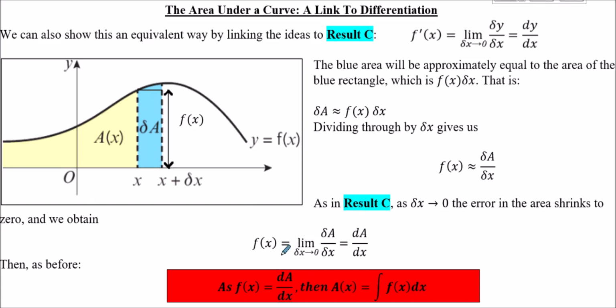And then you obtain that f of x, this limit becomes exact, delta A over delta x becomes dA over dx in exactly the same way, for exactly the same reason as before, when delta y over delta x becomes dy over dx. Then using the same logic as before, we get the same result. If f of x is dA by dx, then the area function is the integral of f of x dx.